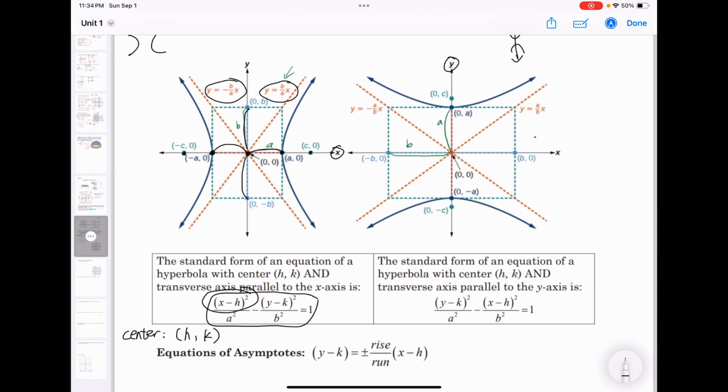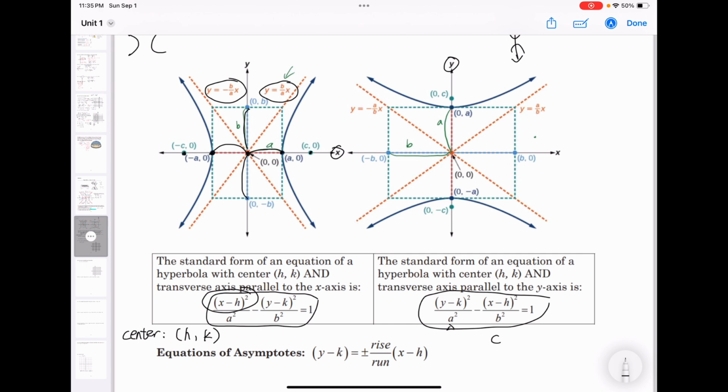So y squared. Let's see the formula here: y minus k squared, this y part of the perfect square is positive. So under this positive perfect square, we have a squared, then minus x minus h squared divided by b squared is equal to 1.